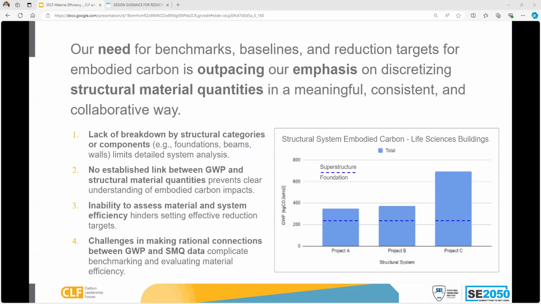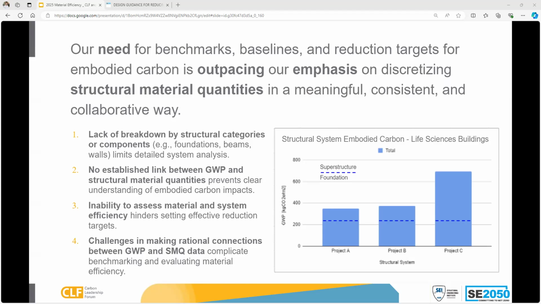I really like this example because the plot on the right is an example of 3 life sciences projects. These are the embodied carbon of the structural system, and they vary for different reasons. But in our current methodology of collecting this information, we really don't know why it's varying that much.